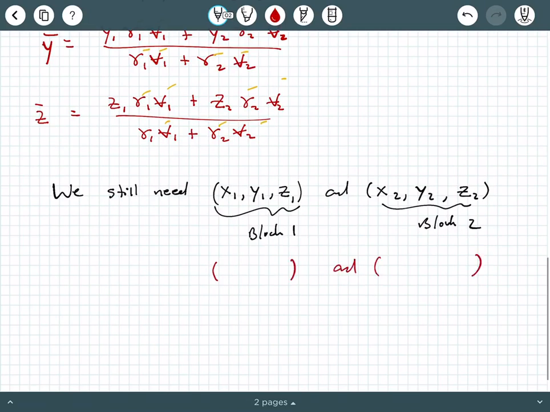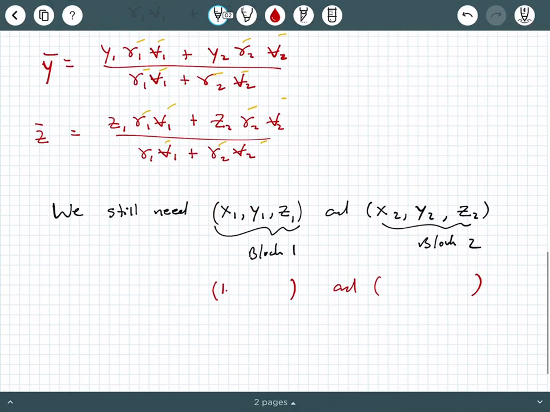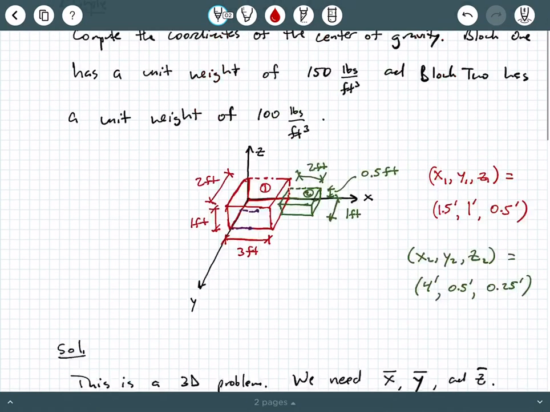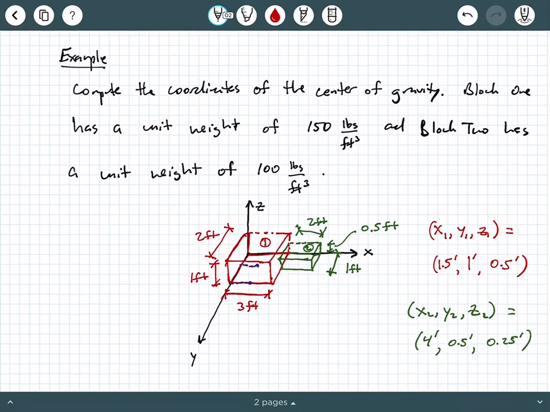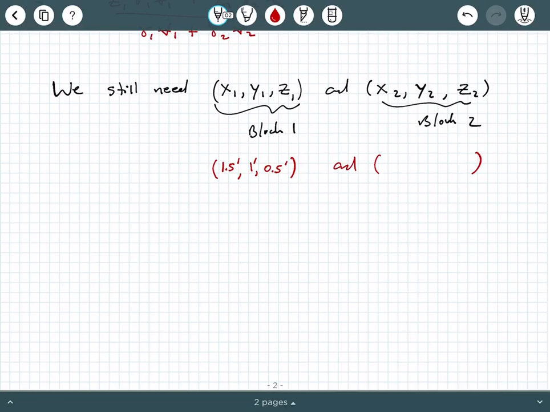So let's go ahead and put our values here just so they're easily accessible. So 1.5, 1, and 0.5 for block 1. And then 4, 0.5, and 0.25.